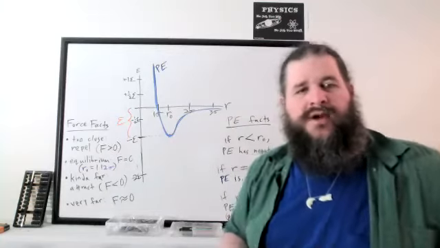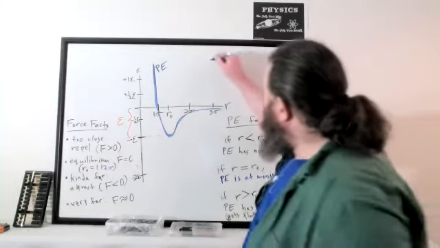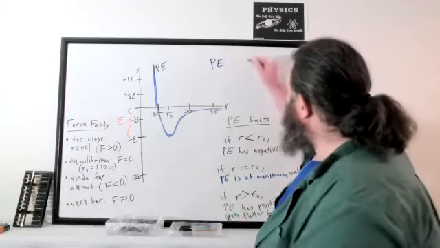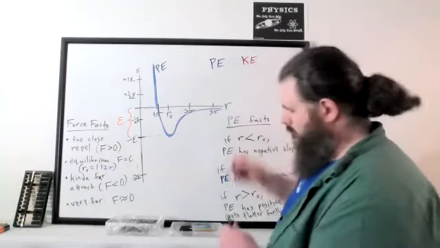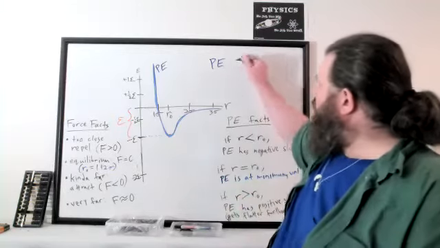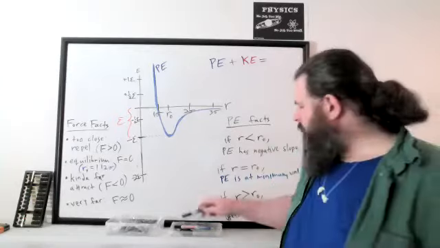If we wanted to also graph kinetic energy, we're going to need a little more information. Because potential energy and kinetic energy, what's the relationship between those? What should we expect those to add up to? Yeah, those add up to E total.